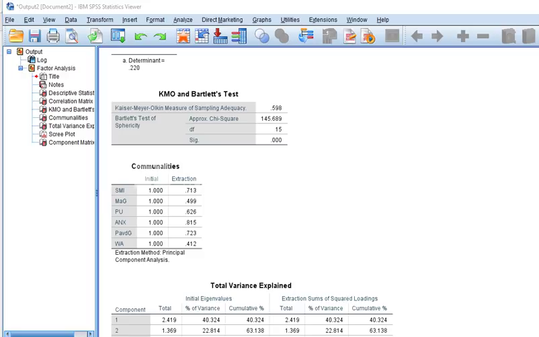But we also have Bartlett's test of sphericity, and this is basically testing the difference between the correlation matrix for our variables and an identity matrix. So the identity matrix is just what I was telling you about, which is it has ones along the principal diagonal and zeros along the off diagonal.